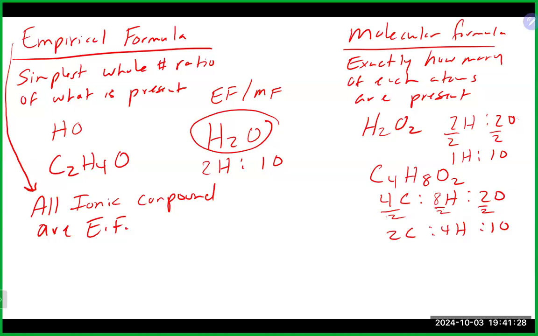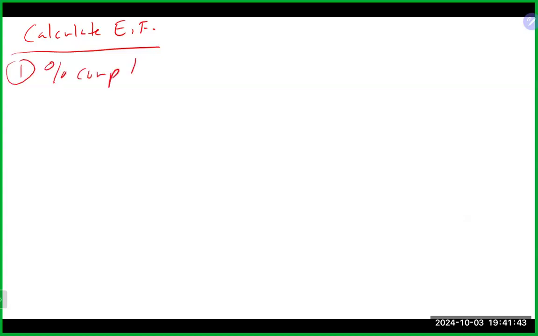Now, we can actually calculate empirical formulas like we talked about in lab. To calculate the empirical formula, there are a couple of things you want to follow. First, if you're given the percent composition by mass, a good way to convert percentages into numbers is to assume that you have 100 grams. That turns all your percentages into grams.